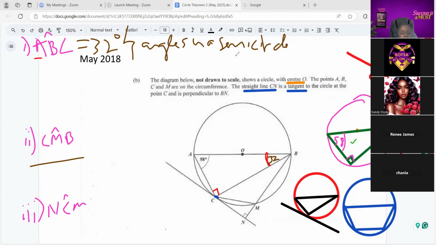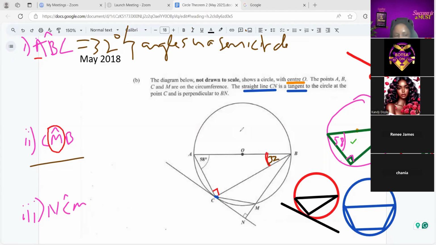So yeah, remember the angle is always located by the letter in the middle. So the angle that we wanted to find is the angle at M. That is the angle that we need to find over here. Okay, I see people sending me answers. That's nice to see.